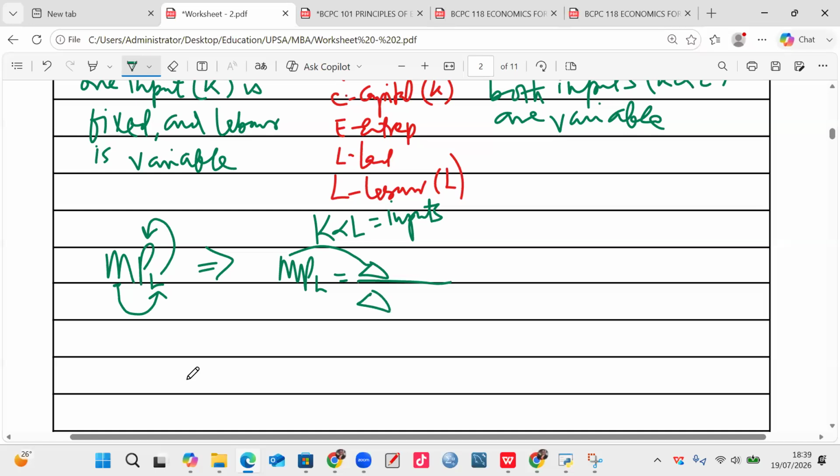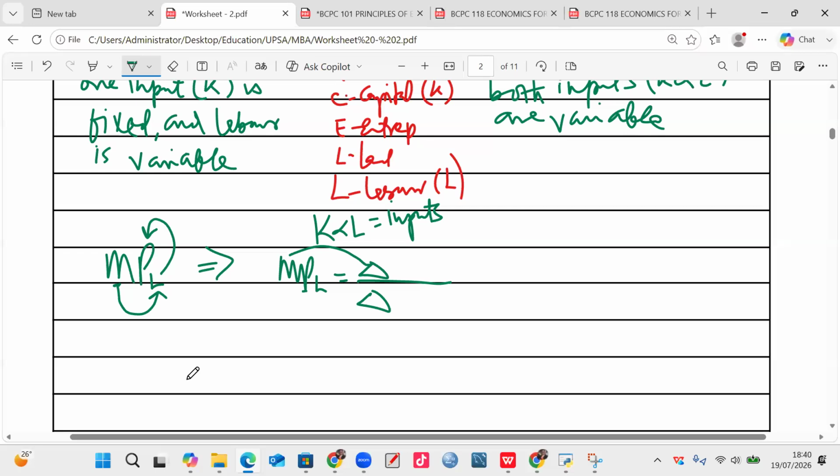Change in. Then the marginal, what alphabet is closer to the M? From what I've written, what alphabet is closer to the M? P. And the P stands for what? Product. Marginal product of labor. P stands for what? Quantity. Or the P stands for production.